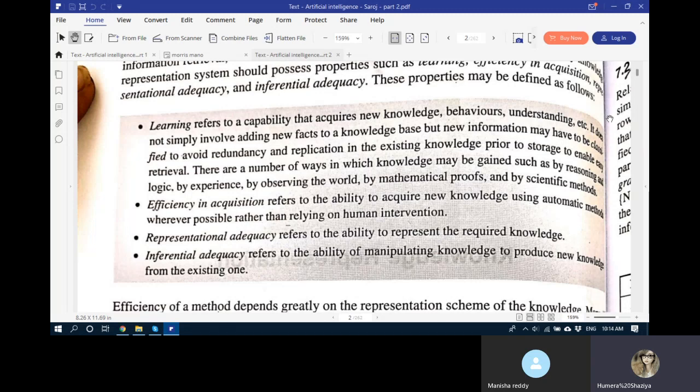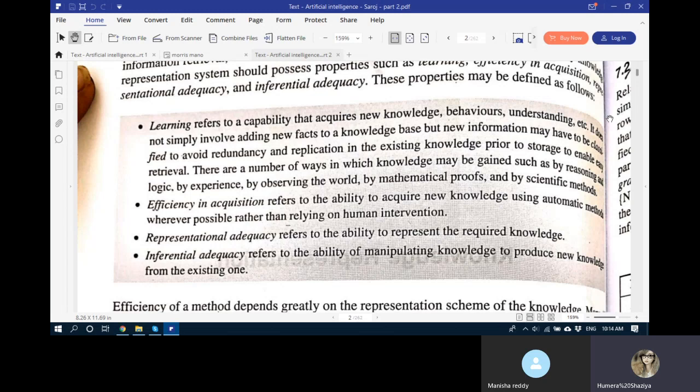We looked at the natural deduction system, axiomatic system, semantic tableau method, and resolution refutation method. They are the ways and means of manipulating knowledge to produce new knowledge from the existing one.